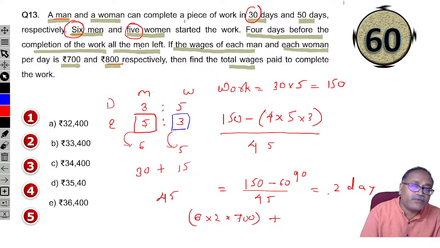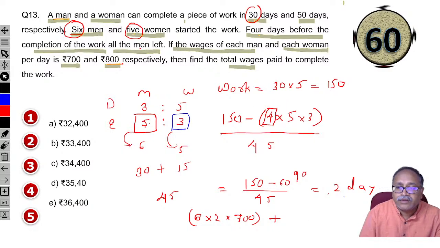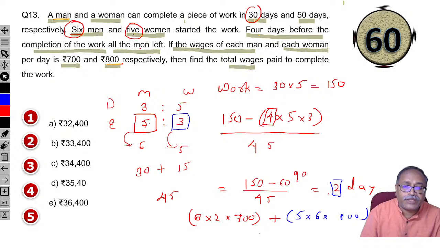And the woman worked for how many days? The last 4 days plus the initial 2 days together, total 6 days. So their wages will be, how many women are there? 5 women are there. So 5 into 6 into 800. This will be their wages.